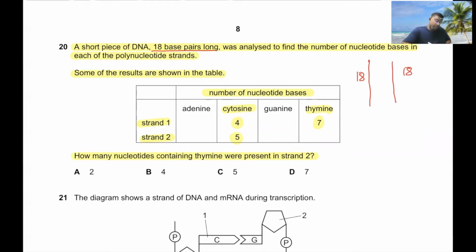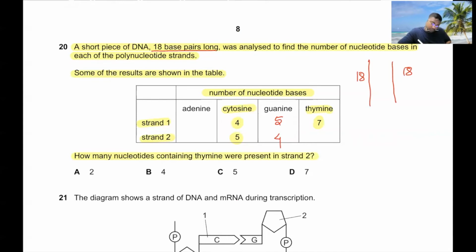So if in strand 1 there are 4 cytosine, then in strand 2 there will be 4 guanine. And if in strand 2 there are 5 cytosine, in strand 1 there will be 5 guanine.